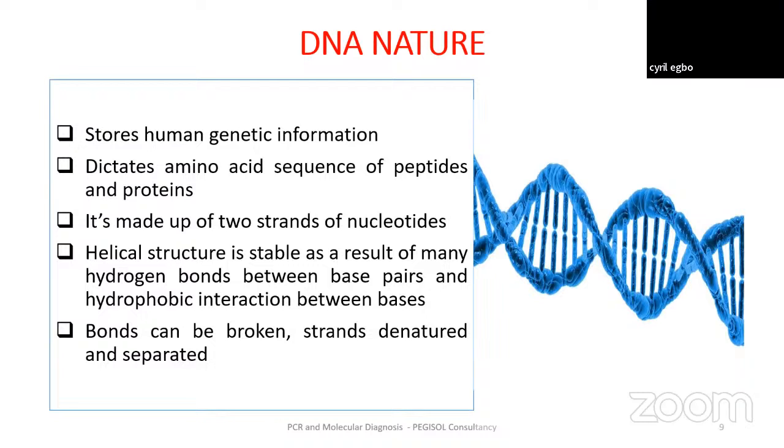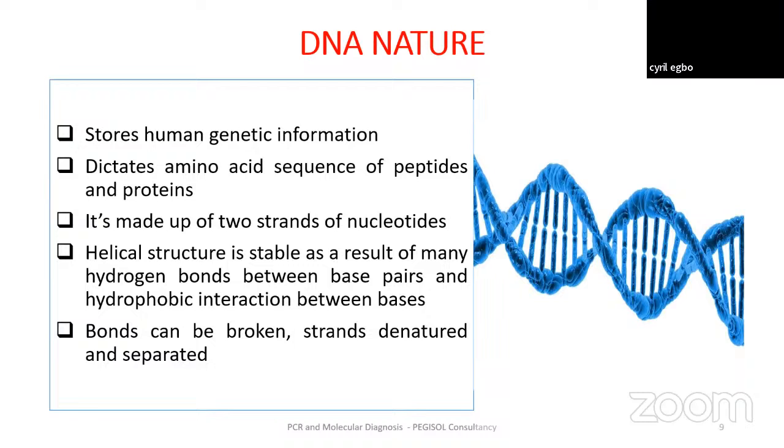We need to know that DNA stores human genetic information and dictates the amino acid sequence of peptides and proteins. That is why we said that peptides or proteins are the byproduct of DNA, and DNA is made up of two strands of nucleic acid.